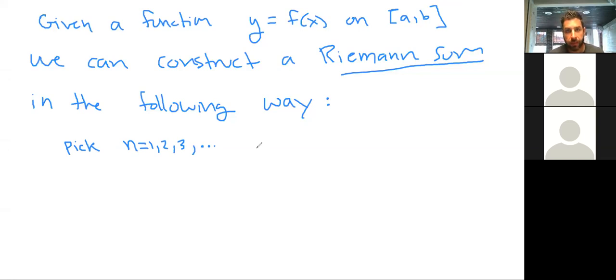Last class we picked it to be 4, and then I think we did 8, and then 10. We had the computer do a bunch of them. And then we're going to set this number. This is called delta x, and how do we define it? We take whatever b is, we subtract a, and then we divide by n.